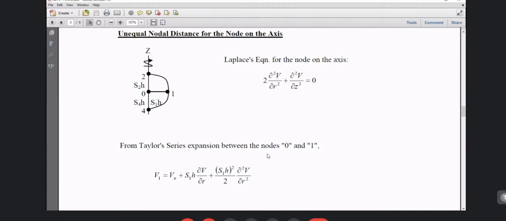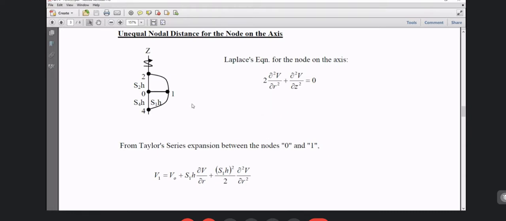So then, along the axis of symmetry, since the flux line is tangential, we say that del V del R is 0, because otherwise it cannot be tangential. Or in mathematical terms, if r tends to 0, del v del r tends to 0.